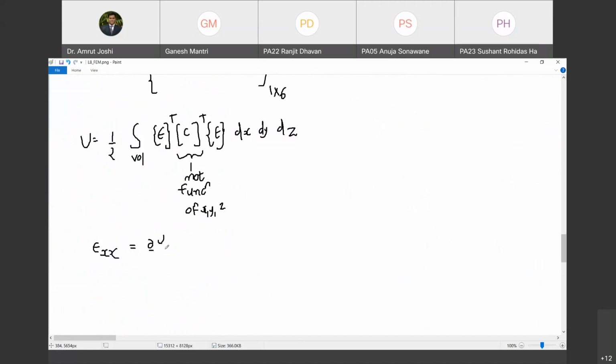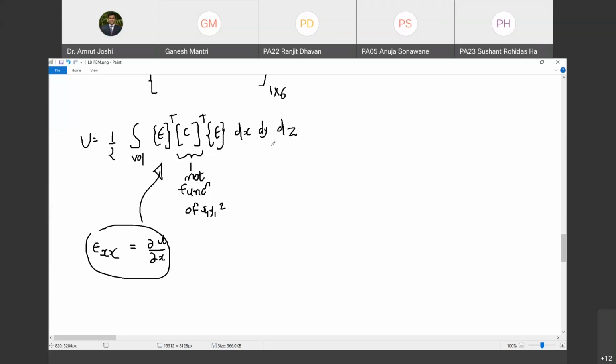Epsilon yy is dou v by dou y, and so on and so forth. Those strain displacement relationships we are going to invoke and plug into the definition of epsilon, so that we get this entire strain energy as a function of displacements, which are primary unknowns. So this was the last point today.